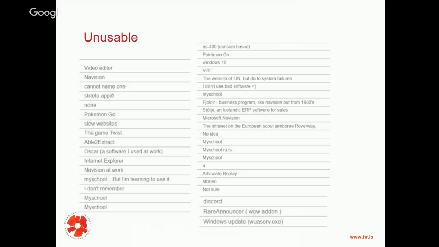There were many people that mentioned my school, actually, and I actually agree to some extent with that. There are some tasks that are hard to use or hard to do in my school. So there were two that say that it's unusable, Pokemon Go.